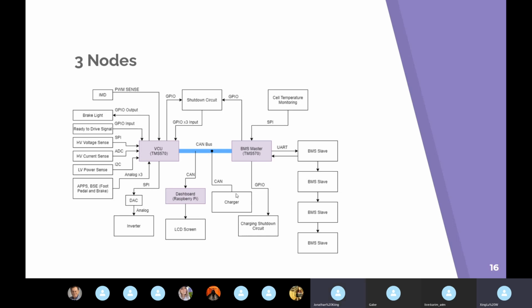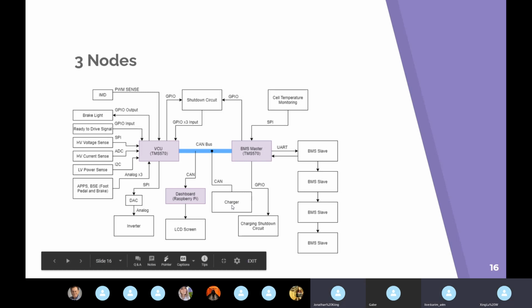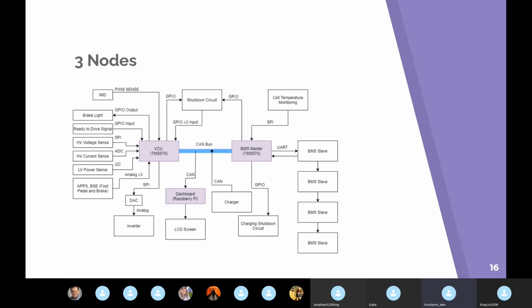This is a special case. Probably Mahmood can answer that better, but when we're charging the vehicle, it's not connected to the main car anymore. So I would say this is a separate CAN bus that goes in another direction when it's disconnected. We're going to have a specific charging mode for the BMS master because it's not going to be connected to anything else except the charger and whatever peripherals it has.